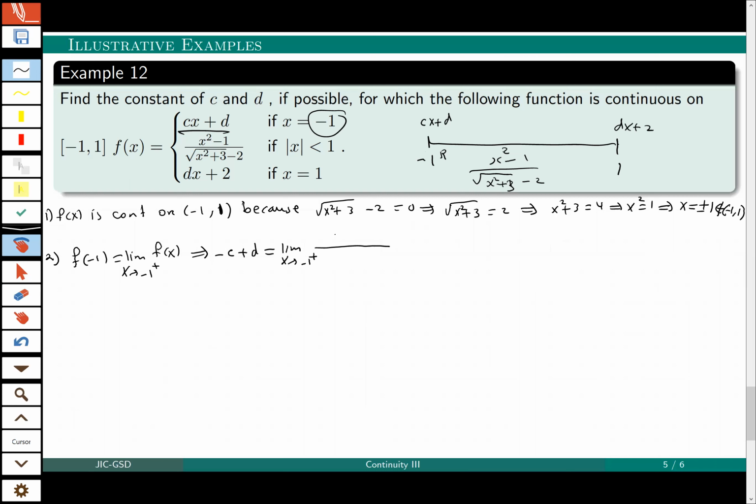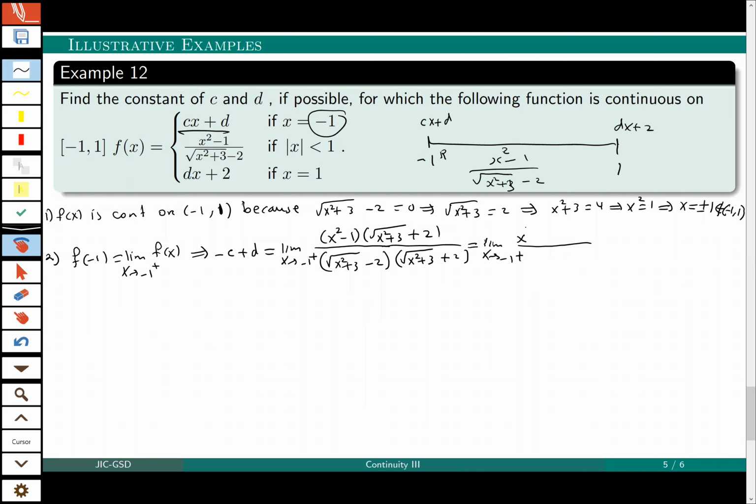My function is x squared minus 1 over root x squared plus 3 minus 2. I need to multiply it by the conjugate, root x squared plus 3 plus 2, on top and bottom. Now that will be equal to the limit when x goes to minus 1 from the right.